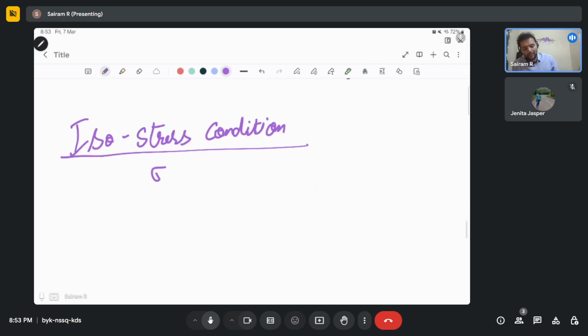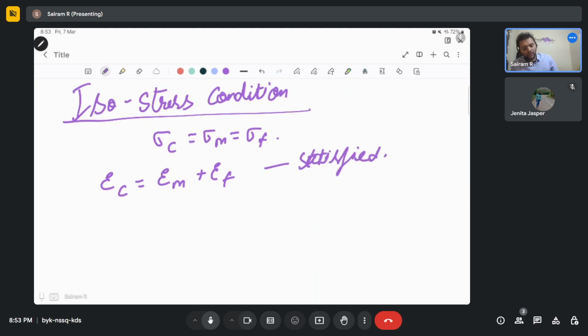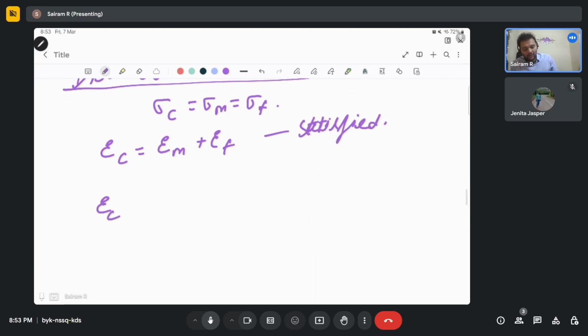Isostress condition basically means sigma C equals sigma M equals sigma F. And in this case, epsilon C equals epsilon M plus epsilon F. This should be satisfied. Now epsilon equals sigma by E, right?